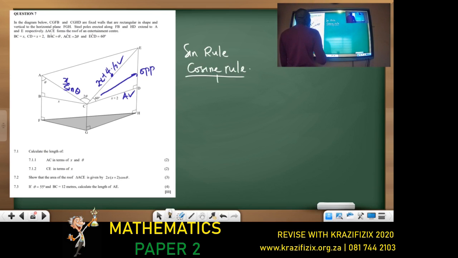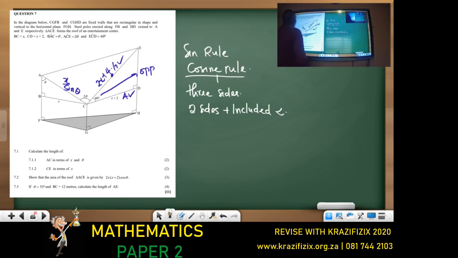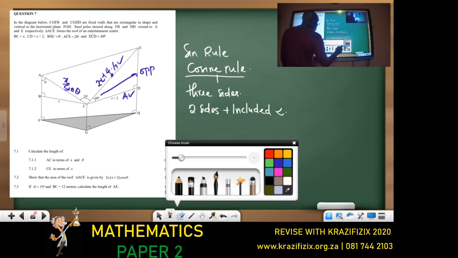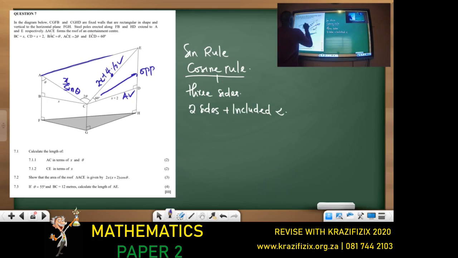Quickly guide you. When do you use cosine rule? When you have 3 sides, or you have 2 sides plus an included what? Angle. Alright, so in this case, look at what I have. I want the length of that, but I do have all of that.